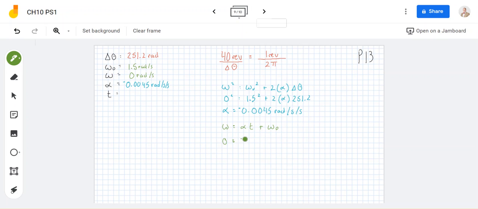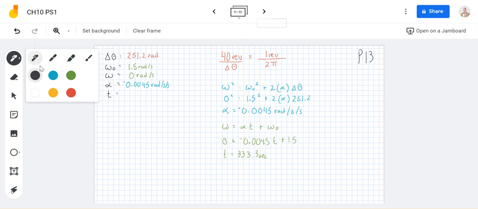The angular acceleration is negative 0.0045, so 0 equals negative 0.0045 t plus 1.5. So I have time is equal to 333.3 seconds. Okay.